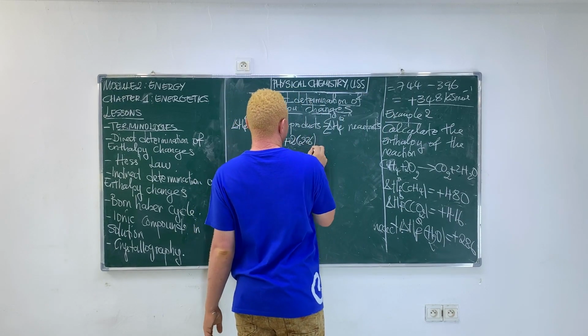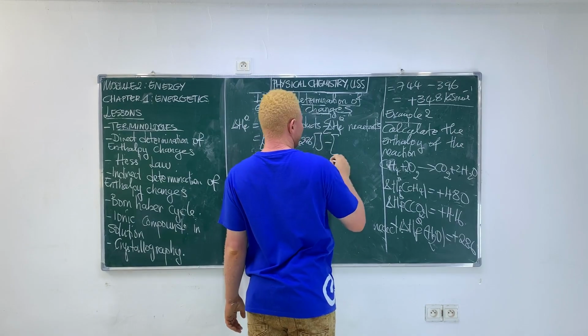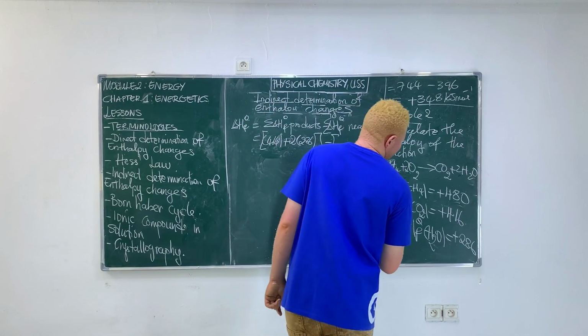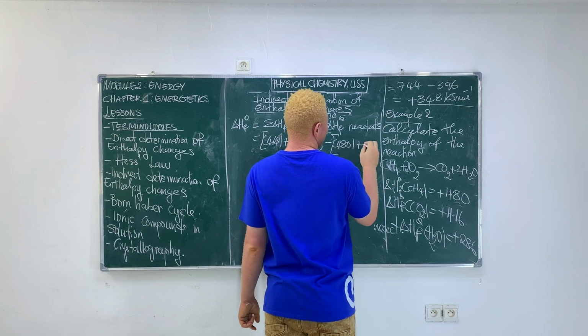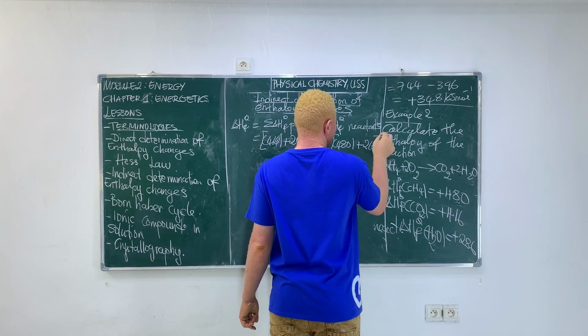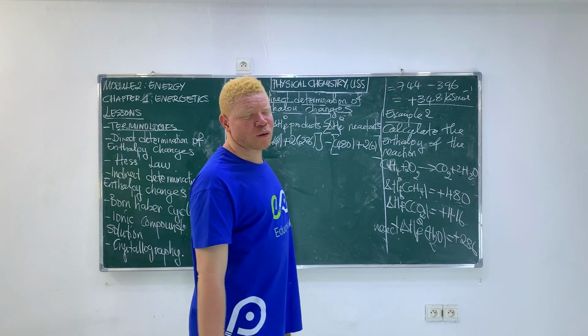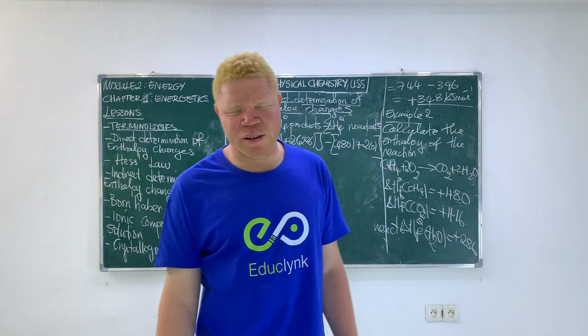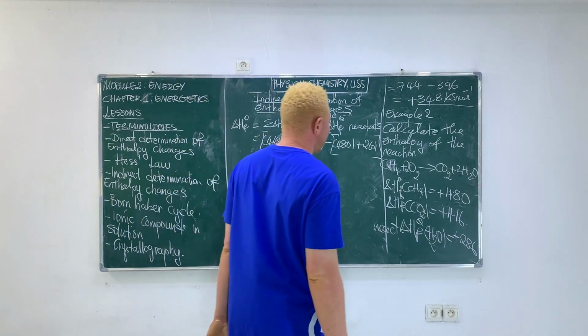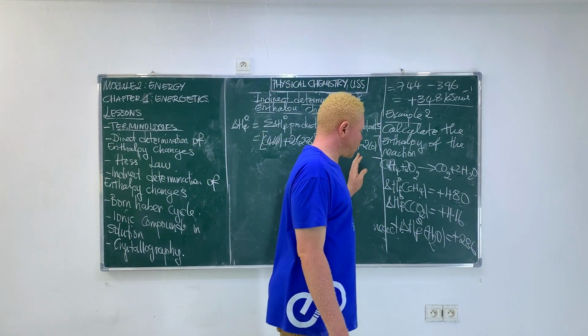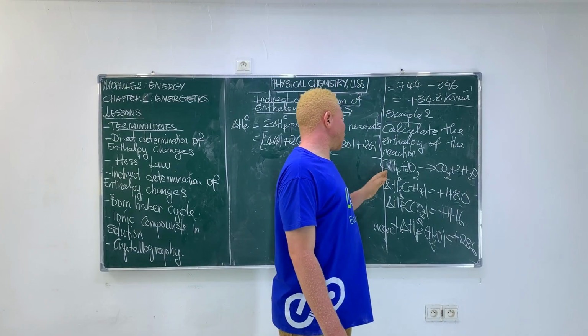It is minus methane, 480, plus 2 times 0. We all know why I'm putting 2 times 0, because oxygen is 0. Enthalpy of formation times 2, that's 2 times 0, that's 0.